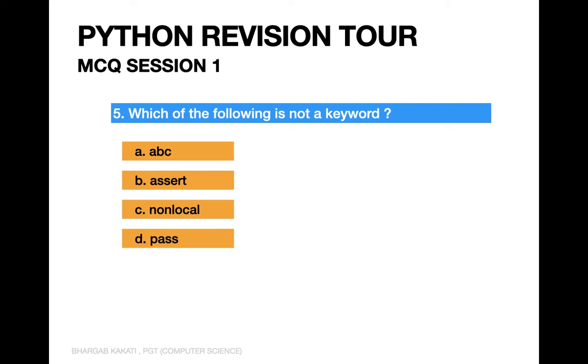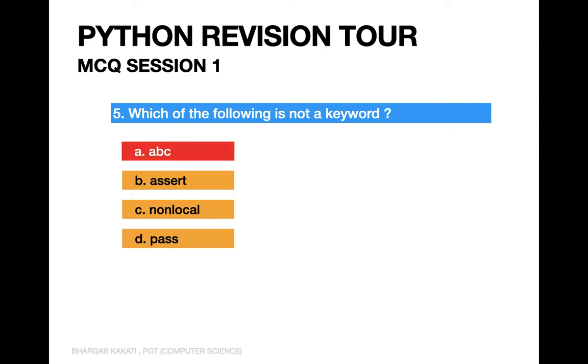Now, in a language, there are various keywords and some options are given. Out of the 4 options, 3 options fall into the category of keyword. But one option is not a keyword. If it is not a keyword, what is it? It can be an identifier. So, you have to identify that particular option which is not a keyword, and it is ABC.